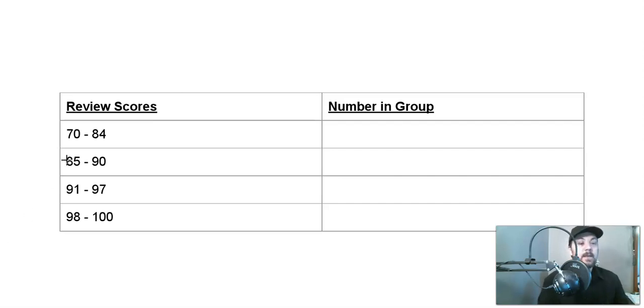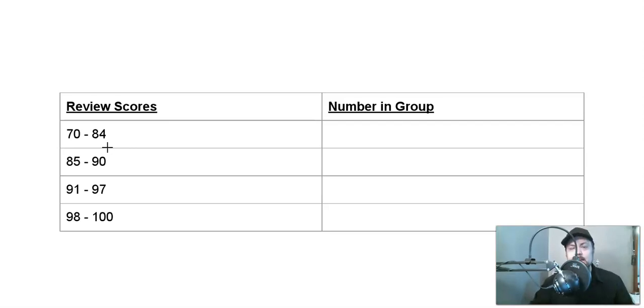So maybe going 70 to 84, and we get to count more numbers because it's a wider group. We're casting a bigger net there. Whereas here I have just 98 to 100, which is going to have a lot because we saw there's a lot of 100s in that set of data. And so this will also have a lot. And by making this group bigger, we'll get more numbers in there too. And so we just maybe try to even it out a little bit.